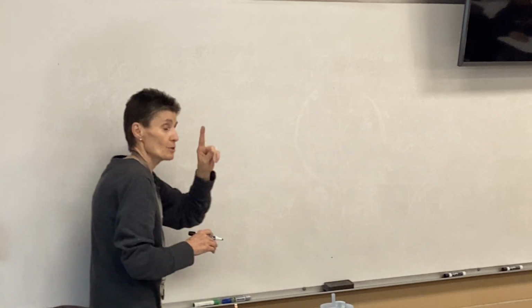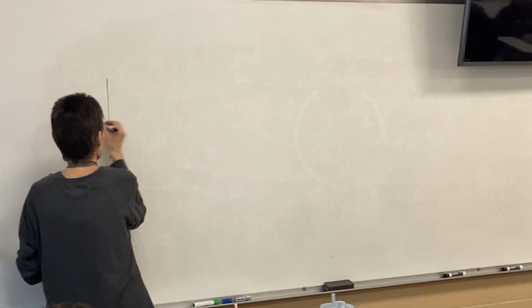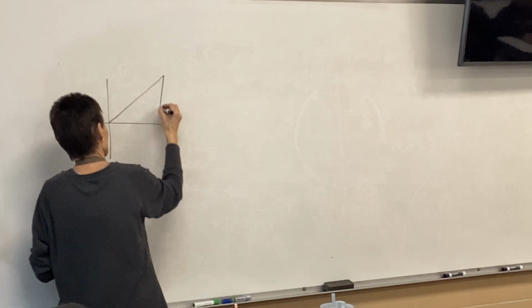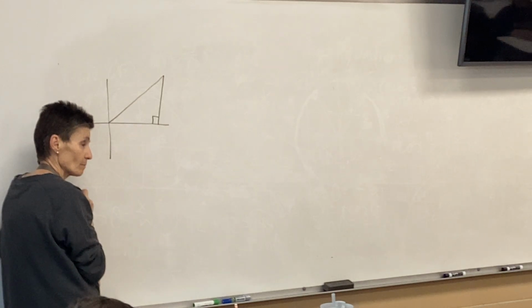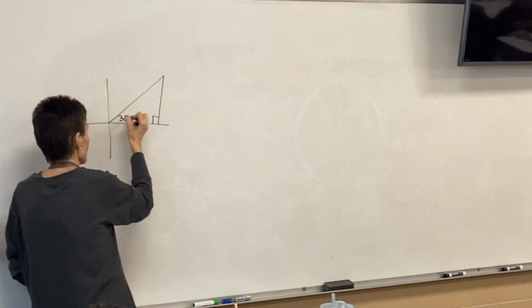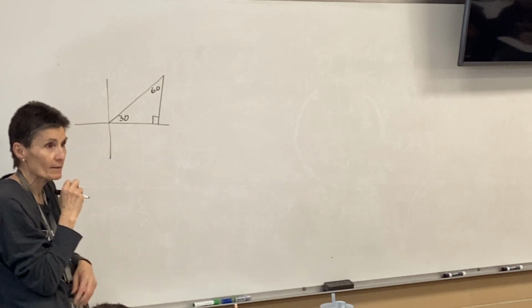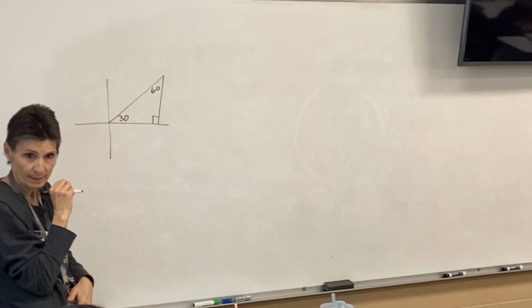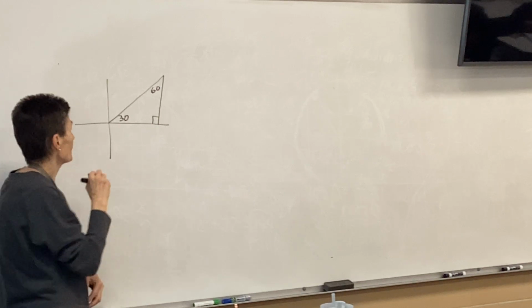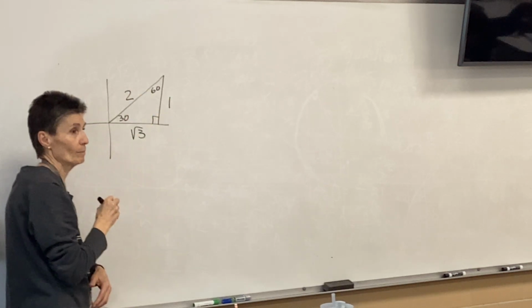Okay? So one way to do that is just to stop and think about when you were a little kid in geometry class and your teacher drew this triangle up on the board and said this is a special triangle. It is 30, 60, 90. And it's special because the sides are always in this ratio.